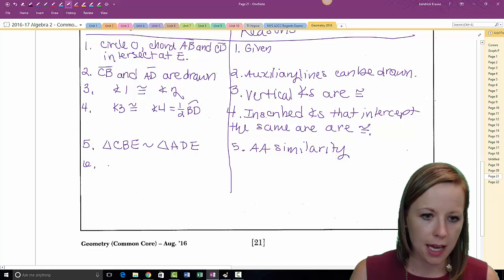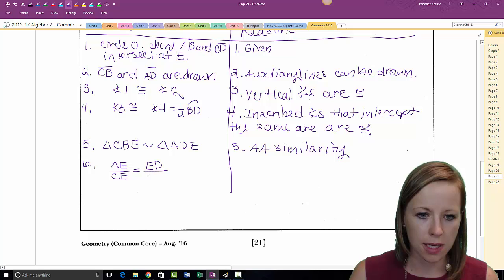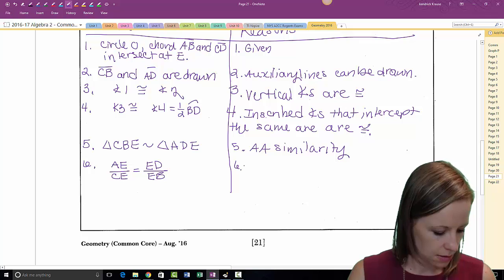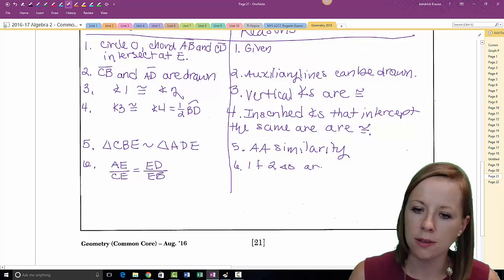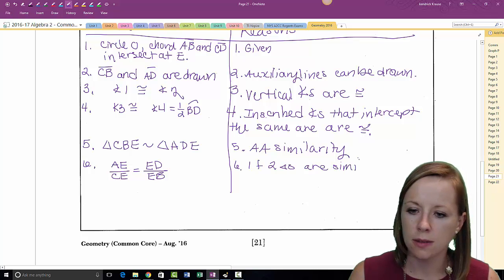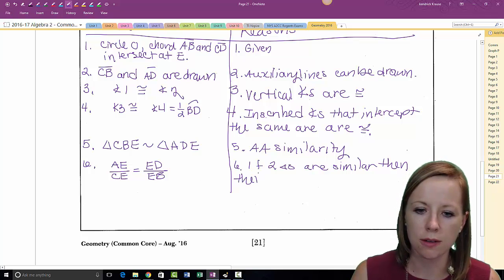A to E matches with C to E is equal to E to D matches with E to B. If 2 triangles are similar, then their sides are in proportion.